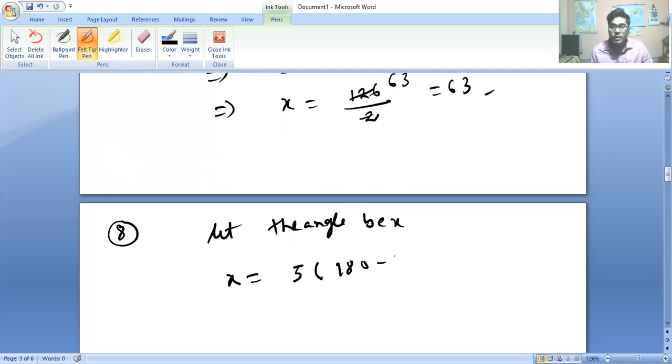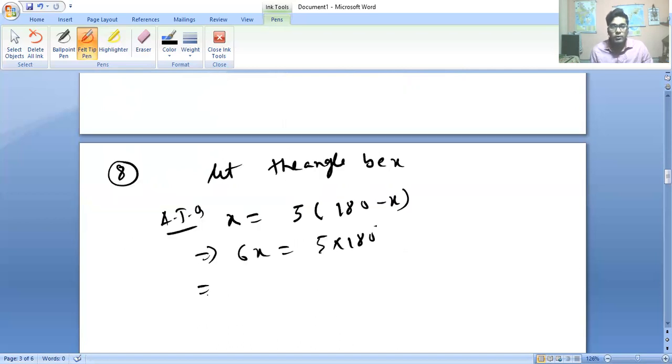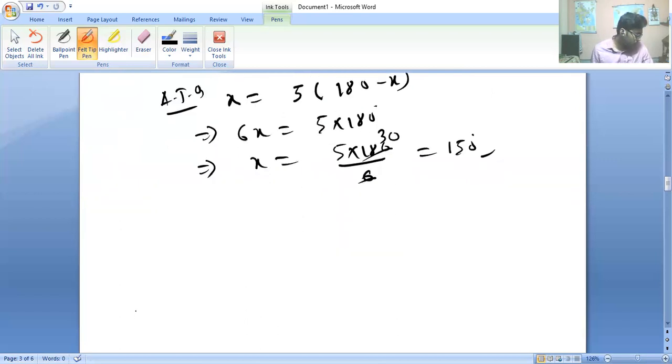Supplement means what? 180 minus x. Very easy. So that means 6x will be equal to 5 into 180, and that means x will be equal to 5 into 180 divided by 6. So 150 degrees.